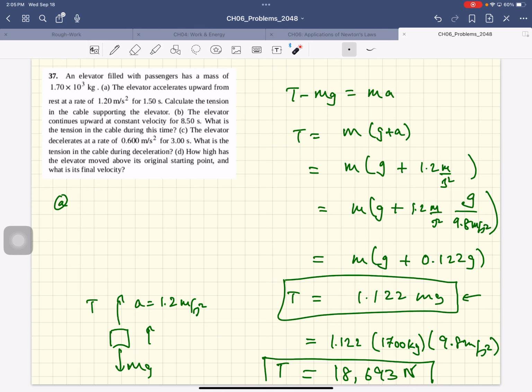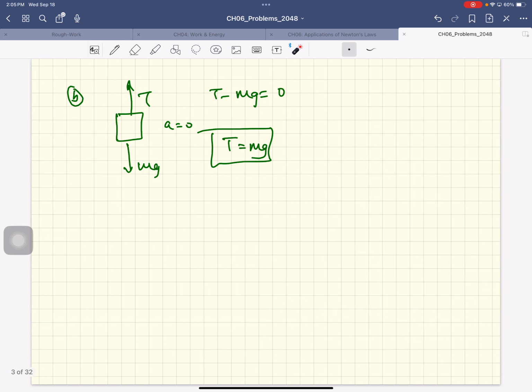Part C, the elevator decelerates at a rate of 0.6 meters per second squared. So here's a situation where the deceleration is smaller than the acceleration rate. Here's the tension. This time it's decelerating. The velocity was in that direction.